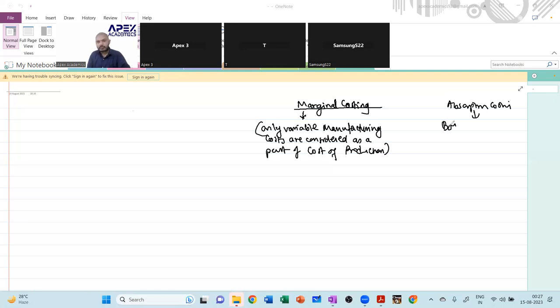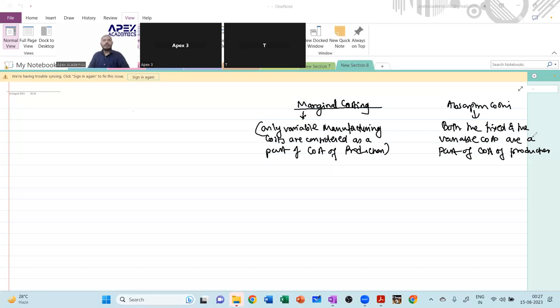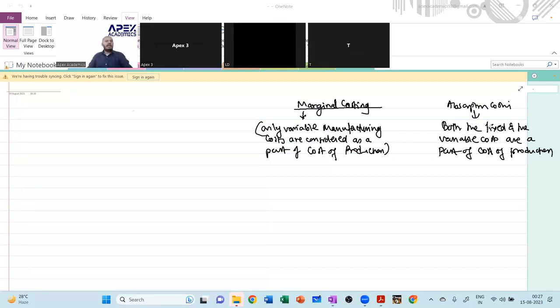Both the fixed and the variable costs are a part of cost of production.